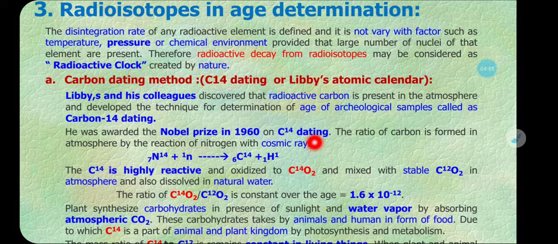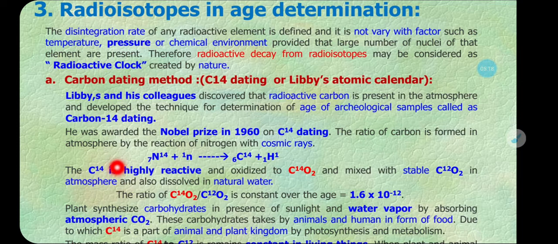of archaeological sample. The radioactive carbon is formed in the atmosphere by the reaction of nitrogen with cosmic rays, that means nitrogen present in atmosphere reacts with neutron and forms carbon. This carbon is a radioisotope, plus proton.